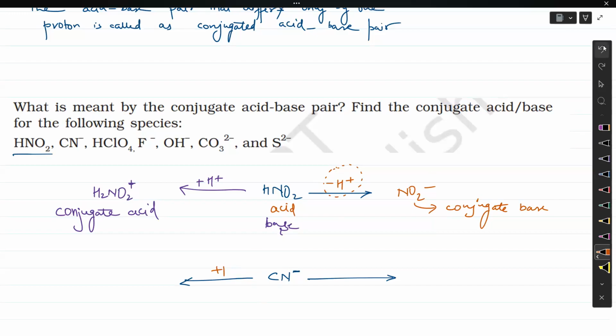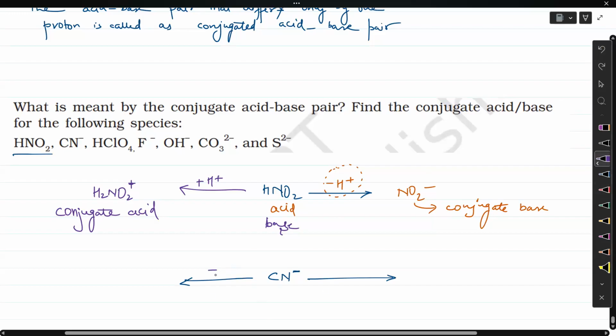If something is accepting H plus, is it acting as an acid or as a base?